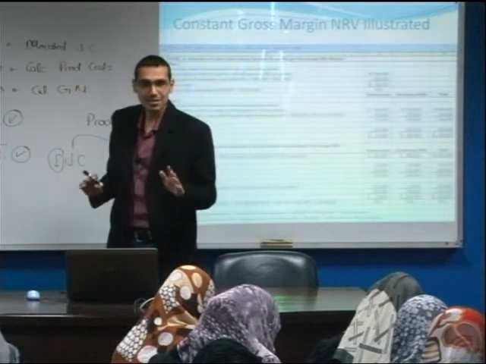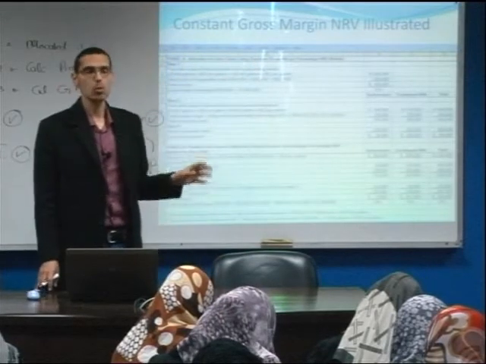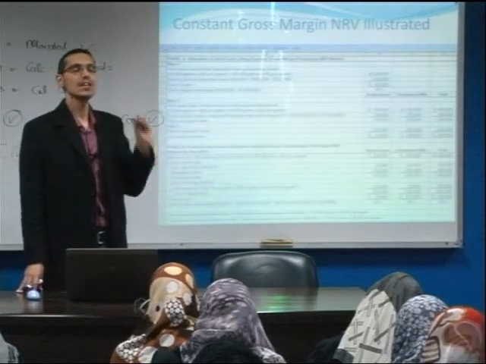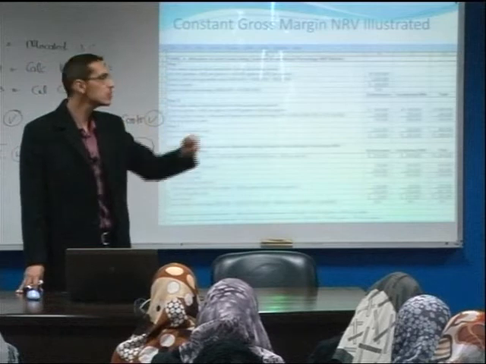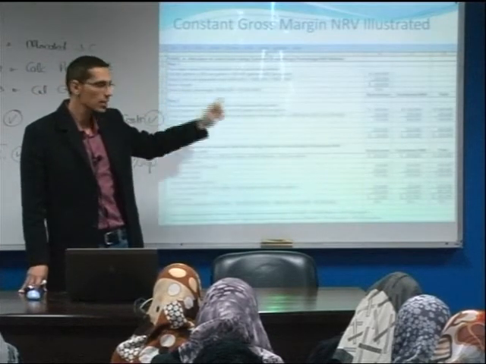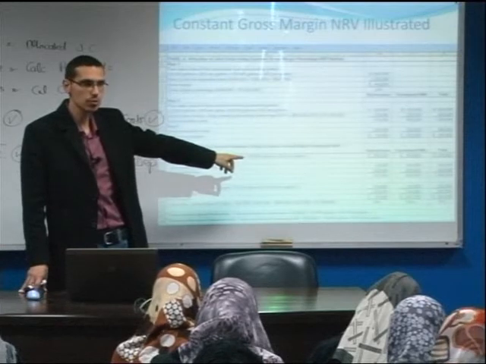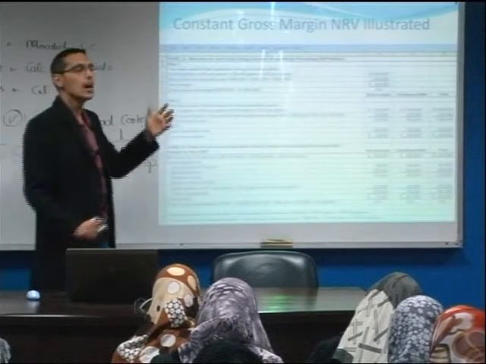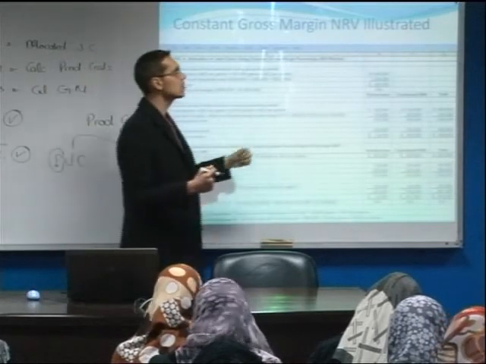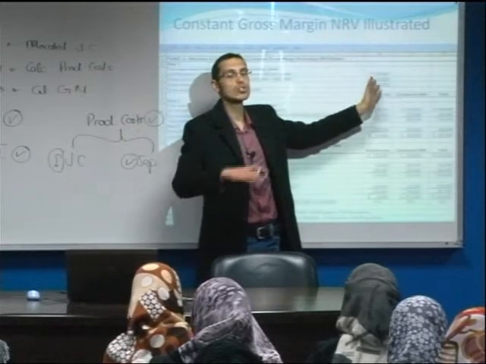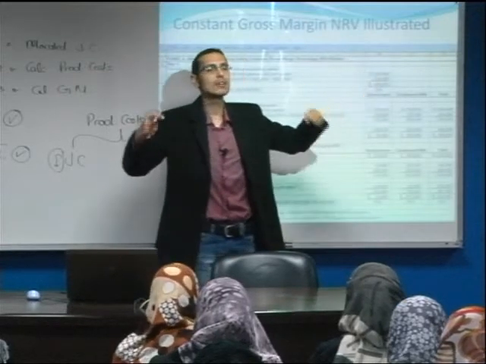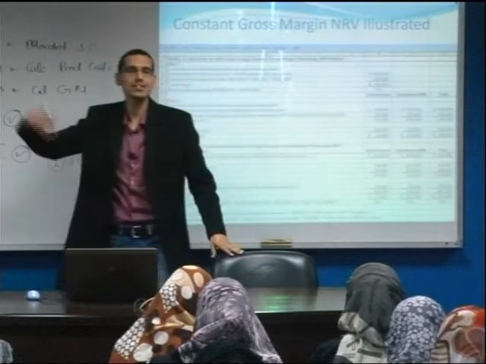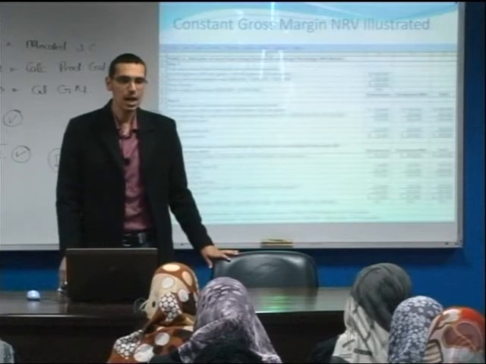Of course, as we said, this method will always result in the same gross margin for the different products. The 25% is for the first product as well as the second product. Why? Because as we said, our assumption here is that the total gross margin for the total production would be the same gross margin for the first product, the second product, the third product, the 10th product, and so on. Any questions?